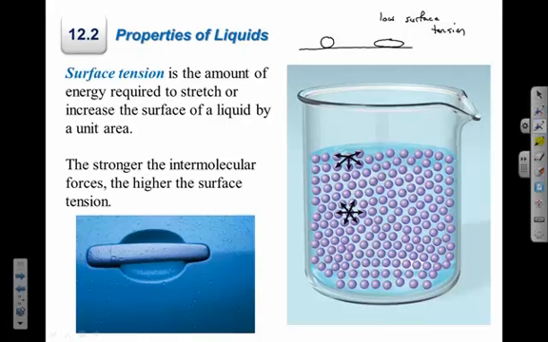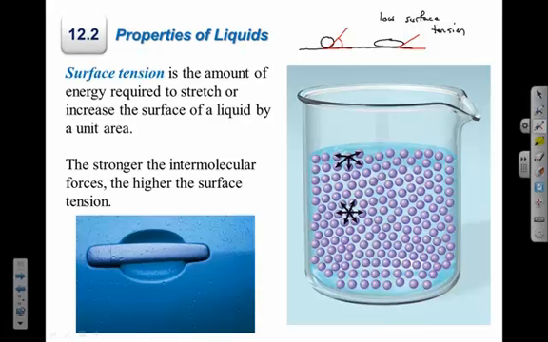And so I can measure the angle between the flat surface and the angle created by that droplet, versus the angle on the flat surface here and the angle created by that droplet. The larger the angle, the more surface tension the liquid has, because of the attractions pulling the liquid into the bulk rather than allowing it to flatten out.